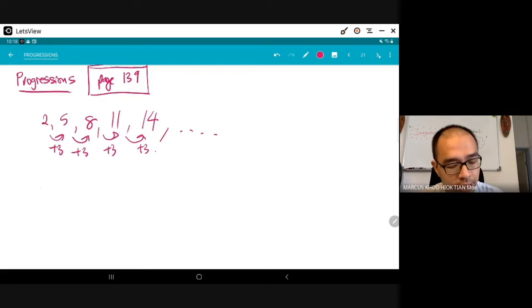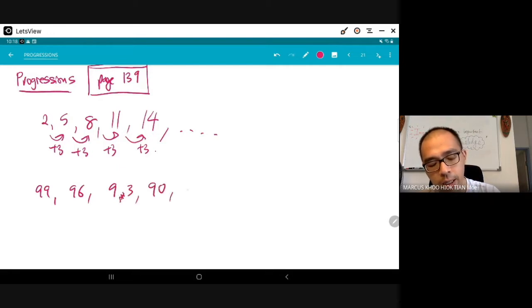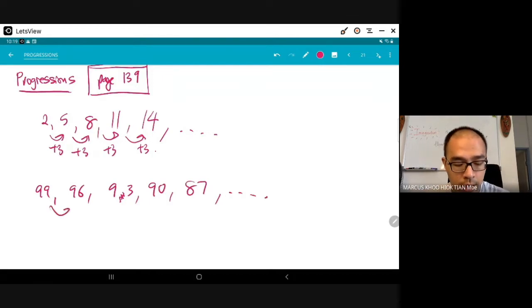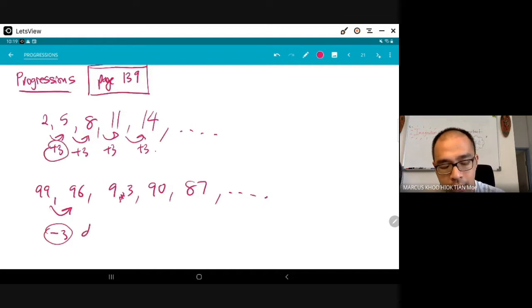Decreasing, for example, 99, 96, 93, 90, 87, and you know this one. The pattern is minus 3, minus 3, minus 3. We call this pattern the letter D, which is the common difference.